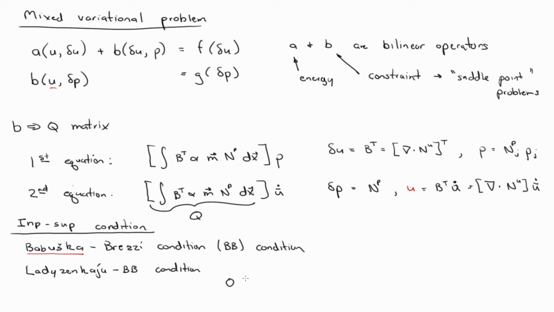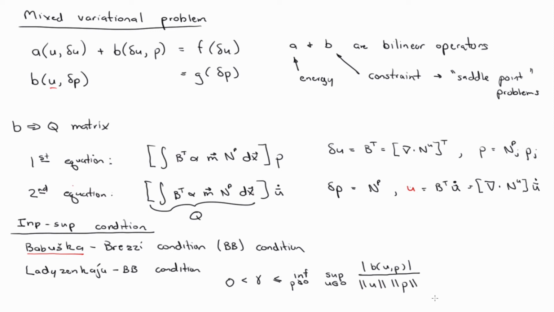But basically what it says is that if you can find a positive constant gamma, called the inf-sup parameter, or inf-sup constant, such that the infimum over P not equal to 0 of the supremum over U not equal to 0 of the bilinear constraint term, normalized by the norms, is greater than or equal to gamma, something like that.